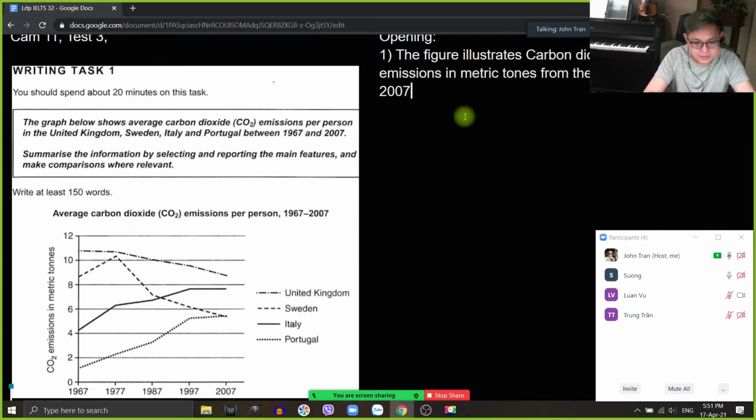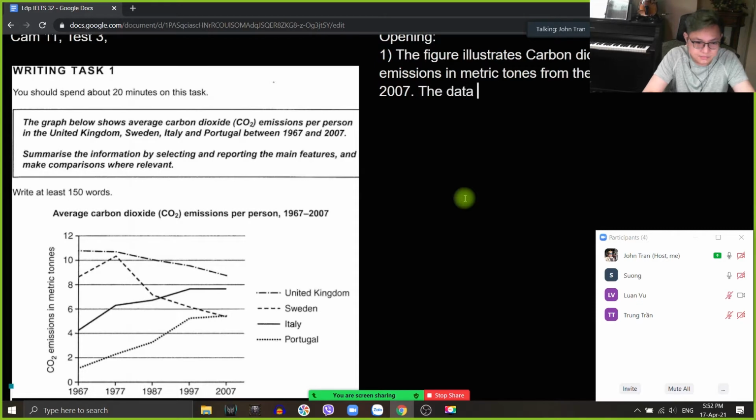And then you can provide more information that this is basically provided per person. You can add an idea here that this figure is given for each person.